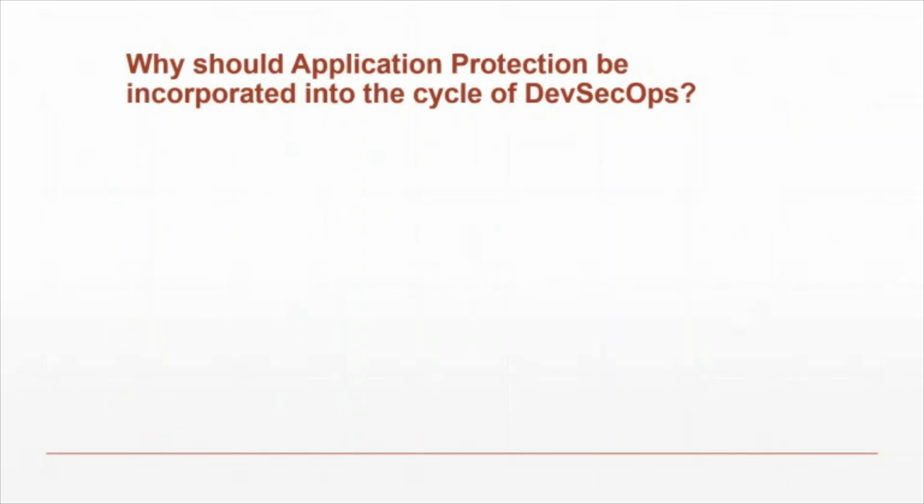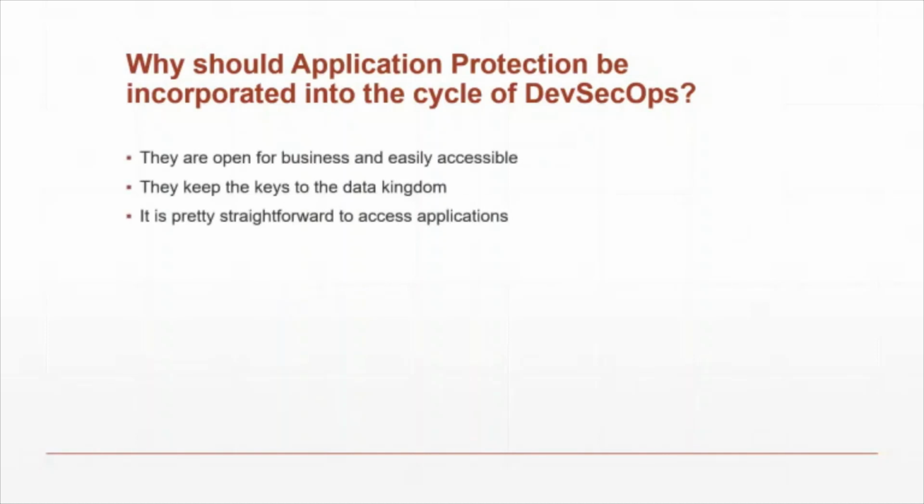Why should application protection be incorporated into the DevSecOps cycle? Applications are open for business and easily accessible. To secure important data, companies rely on firewalls and network segmentation, but client apps are exposed to the public.